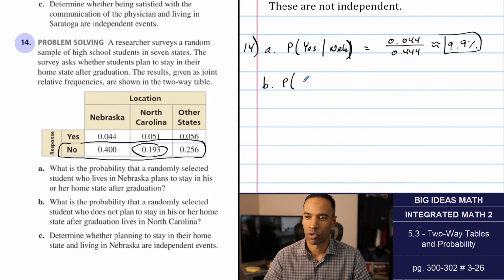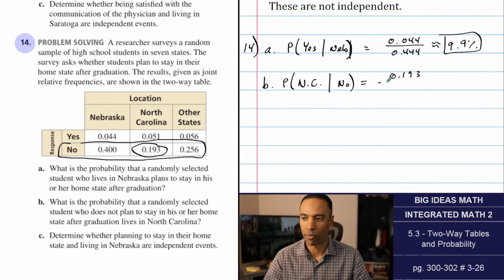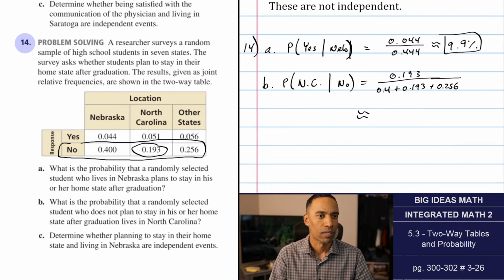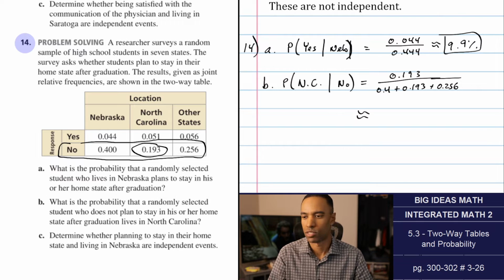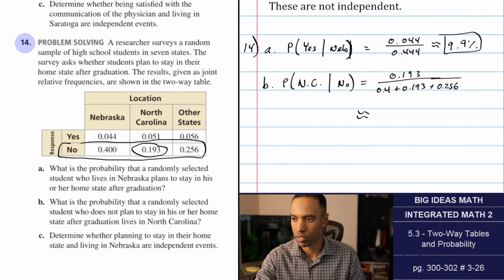So probability of North Carolina given no. So we're doing 0.193 out of, now I've got to add these ones up, I don't know it. 0.4 plus 0.193 plus 0.256. All right. 0.193 divided by, let's see if I can use 0.4 plus.